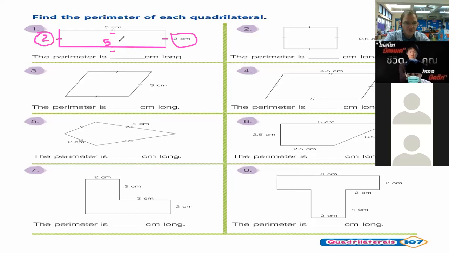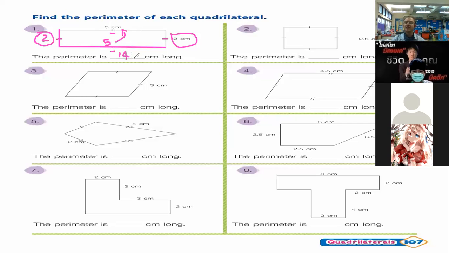So we can take 5 plus 5 equals 10. Plus 2 equals... Okay, please, what is 10 plus 2 plus 2? 14. Then our perimeter, excellent. Our perimeter here will be 14 centimeters.